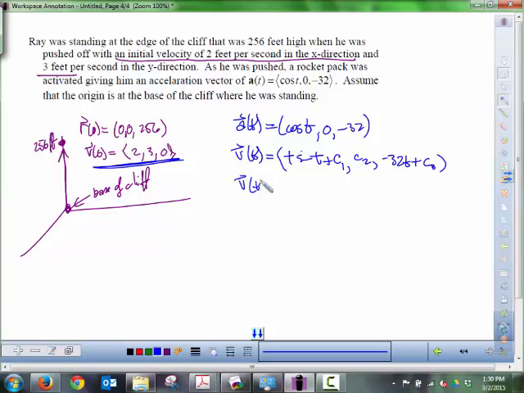So I'll let you think about that or solve for it yourselves, but c1 is just going to be 2, and c2 is going to be 3, and c3 is going to be 0. So we got sine t plus 2 in the x component, we got 3 in the y component, and then we got negative 32t in the z component.